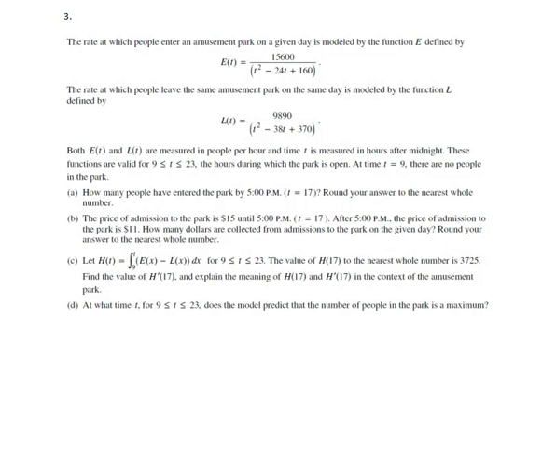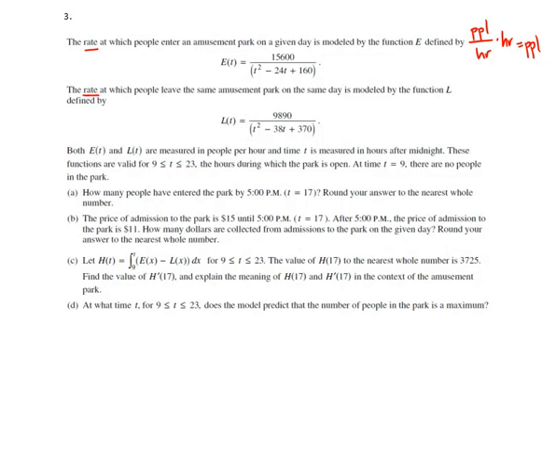So if we're looking for the number of people who have entered the park by time t equals 17, then we want to take the integral of that rate. Remember that E of t is a rate, keyword, and L of t is also a rate. And the rate is in people per hour. When we multiply that by a number of hours, we're going to get people.